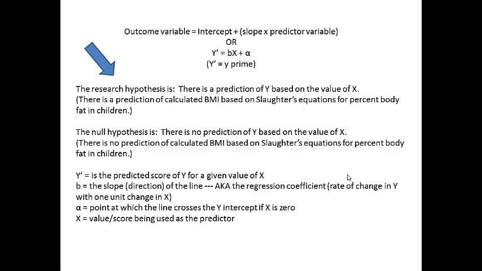It's also referred to, and I would highlight this, as the regression coefficient. It's the rate of change in y with 1 unit change of x. Our next value is the point at which the line crosses the y-axis if x is 0, and x is the value or score that's being used as the predictor. It's our independent variable.